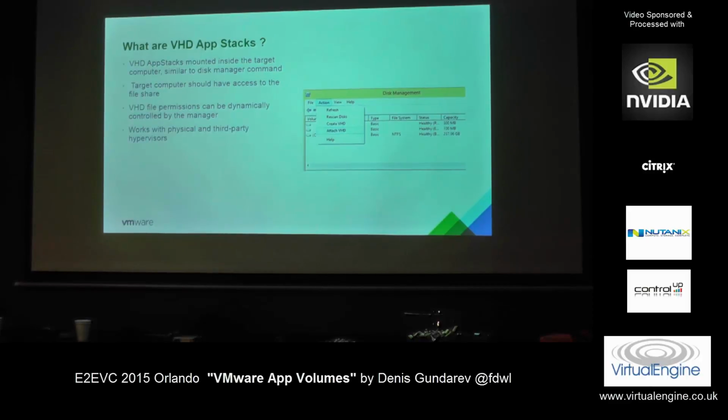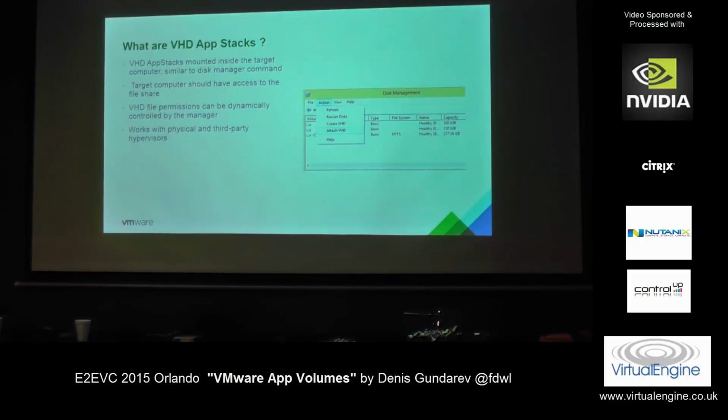When we do VHD mapping, we can optionally control permissions on the VHD app stacks. And if you're using writable volumes and you want to be sure that nobody will just copy them from the file share, we can dynamically change the permissions, because these VMDKs are attached to the computers.